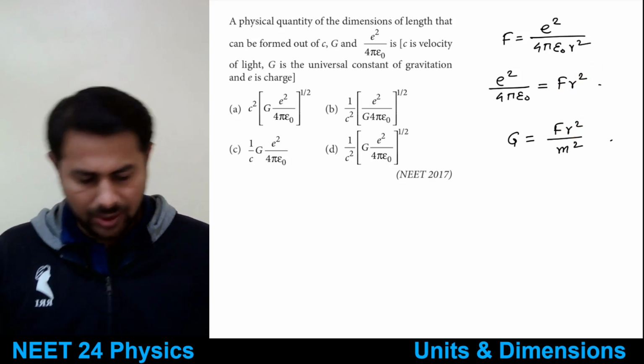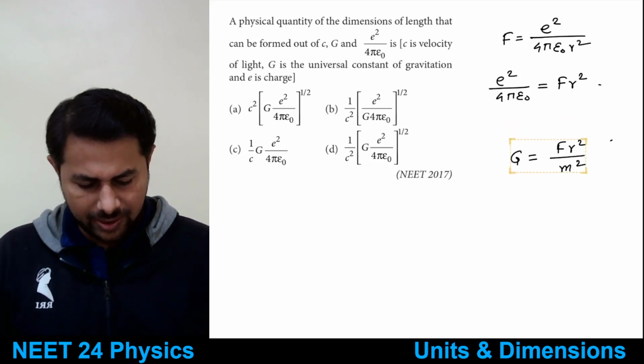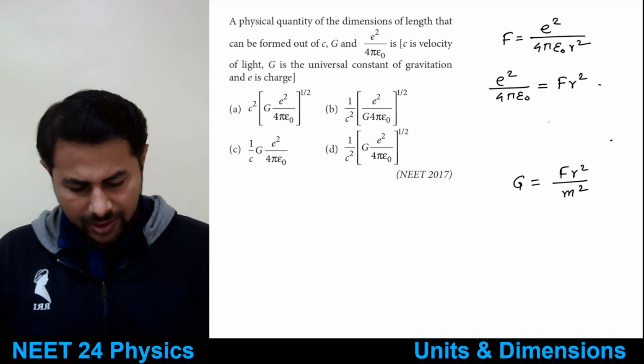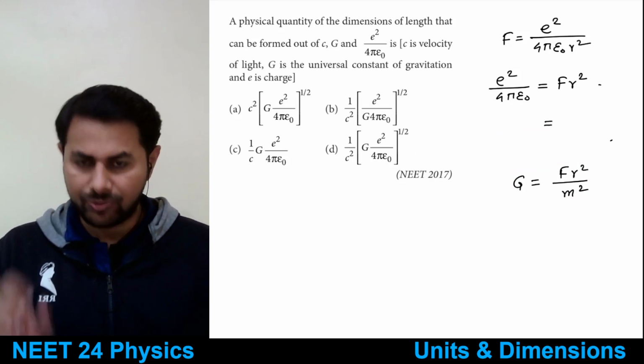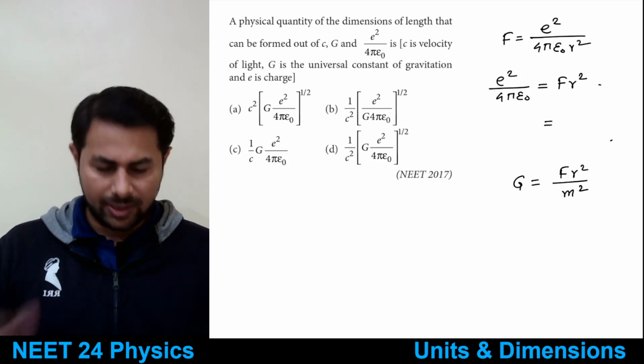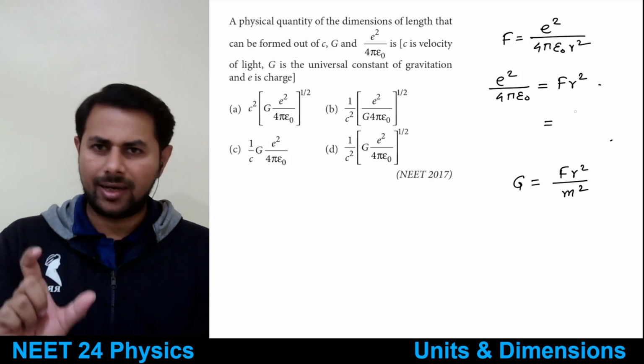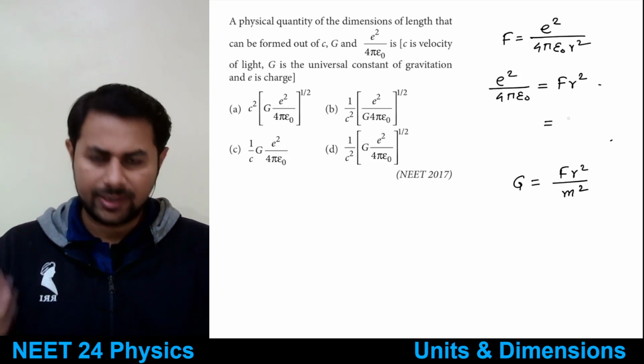So again what we can do is we can write that F R square, as we did in the last problem. This thing can be written as, okay, because we have speed of light, we need to get rid of speed and mass. Okay, there is no problem with length. So F times R is energy. It can be written as half mv square.